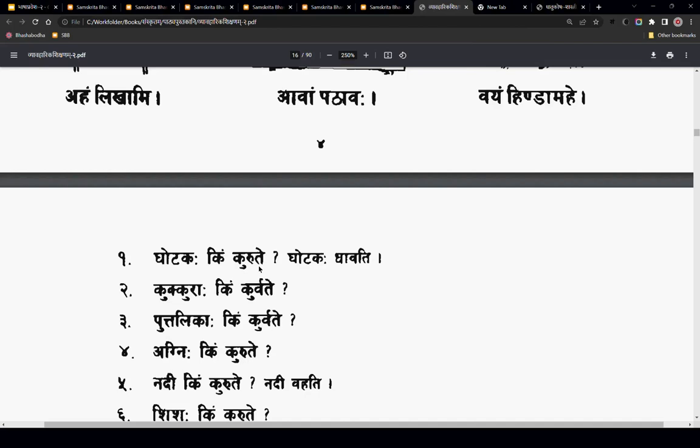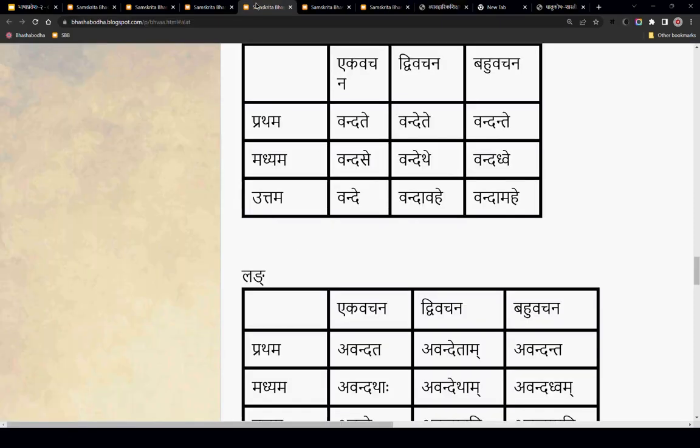Kurute, ghotaka dhavati. Now here kurvate, they are using all the atmanepadi forms. Kukuraha kim kurvate. Now kurvate is obviously atmanepadi, and what is the vachanam here? Bahuvachanam. Kurvate, we saw that, right?